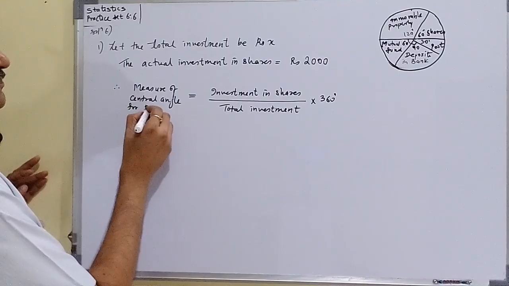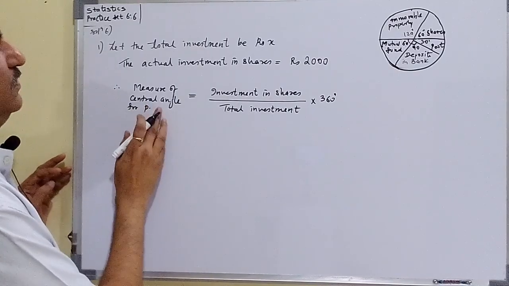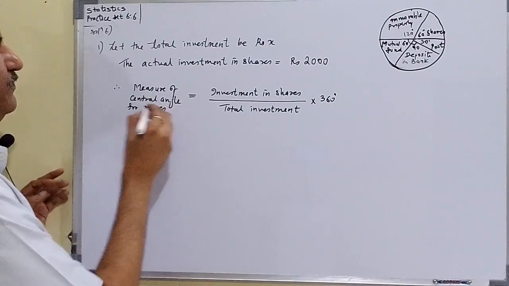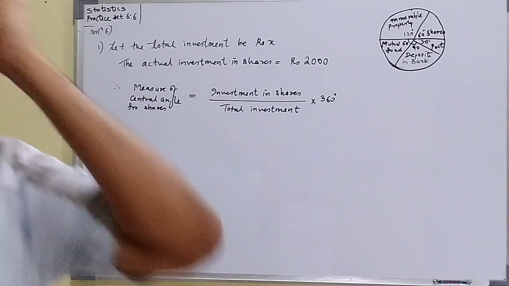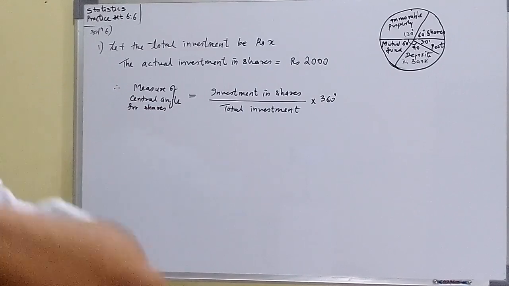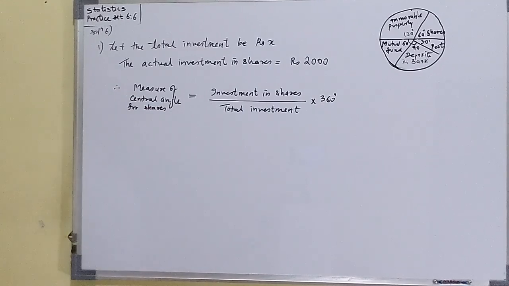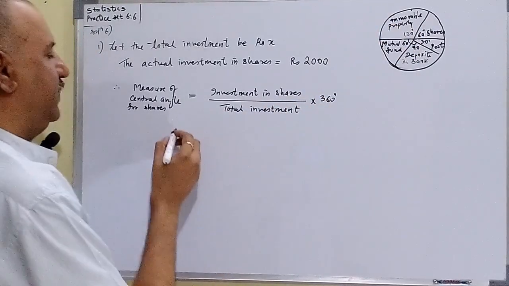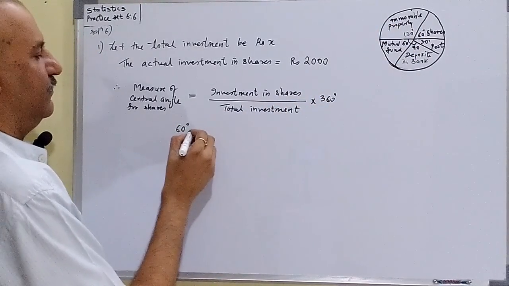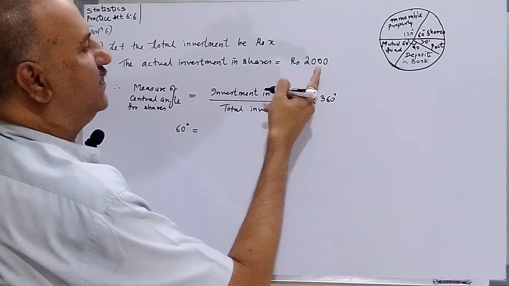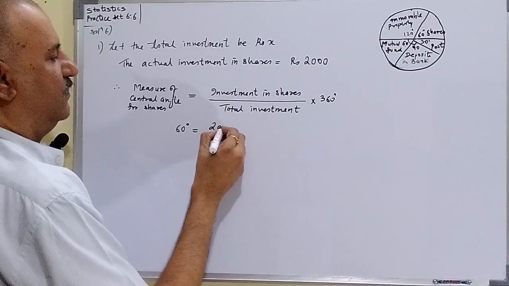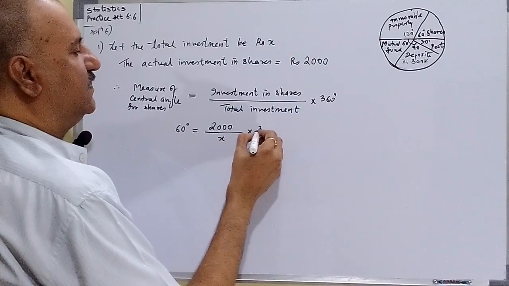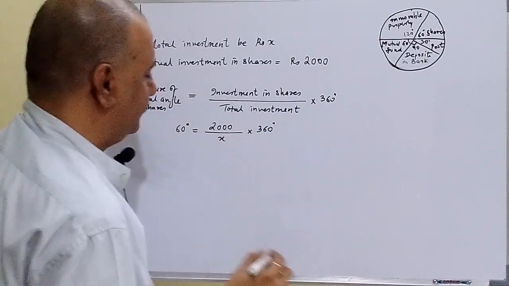What is the central angle for shares? The question is for shares, right? Shares, so this is 60. Investment in shares is 2000. Total investment is X, and this is 360 degrees.